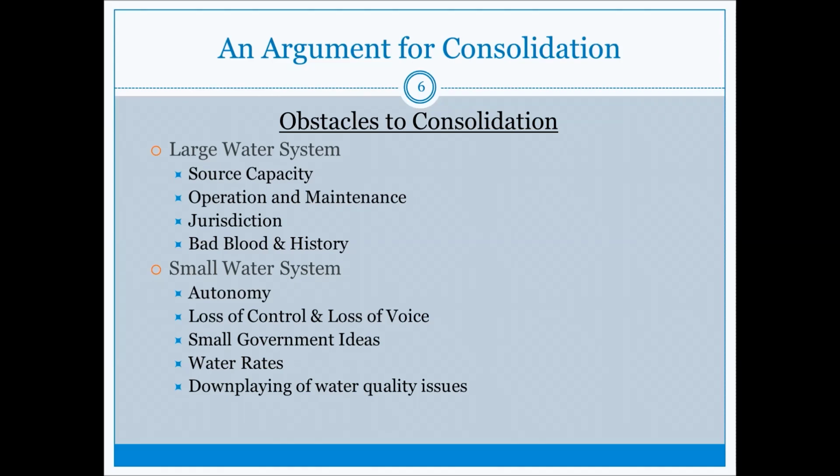And sometimes in my experience, it's just that the want hasn't been there. So for small water systems, they're going to have obstacles to consolidation or to partnerships, which is really an autonomy argument.